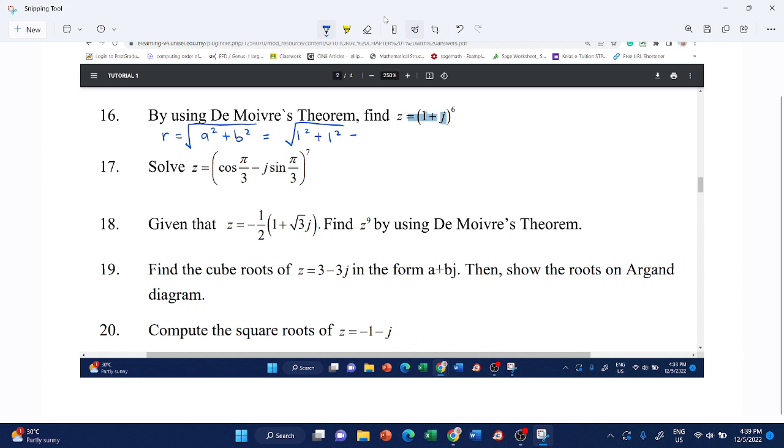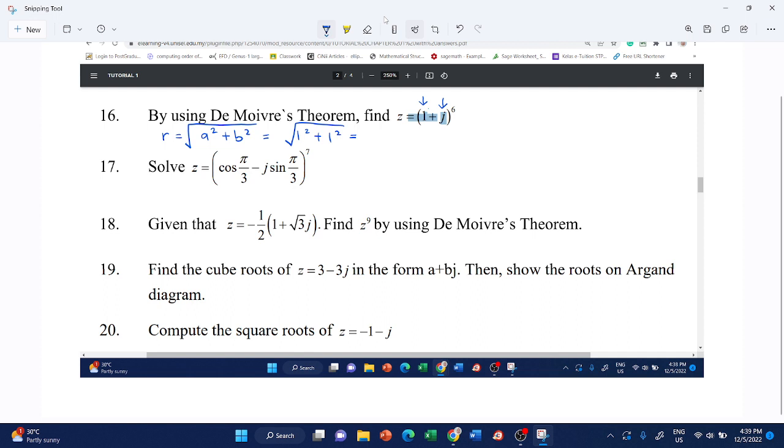Remember, in your r we don't use j, just the number. A is your real number, b is your imaginary number.